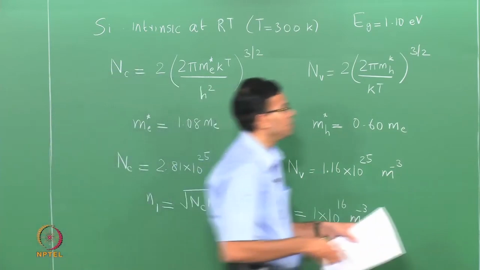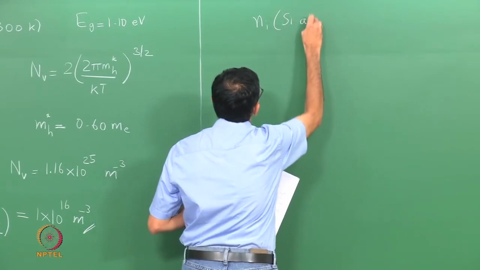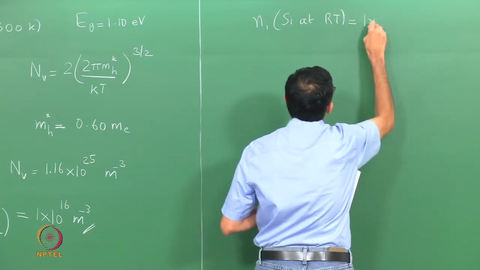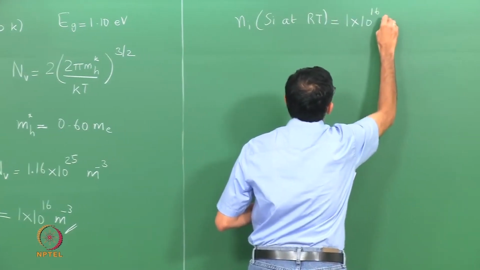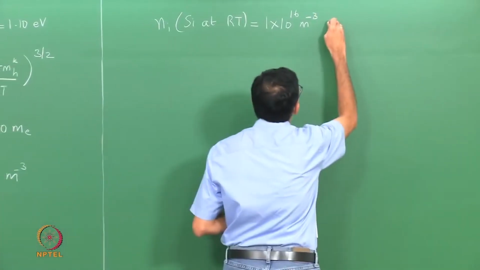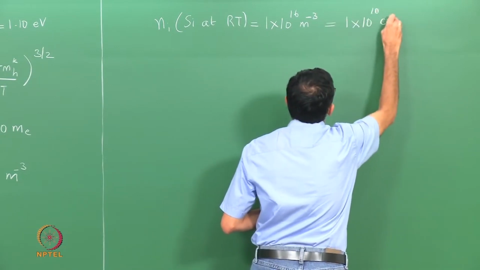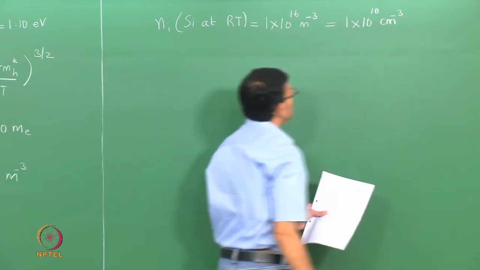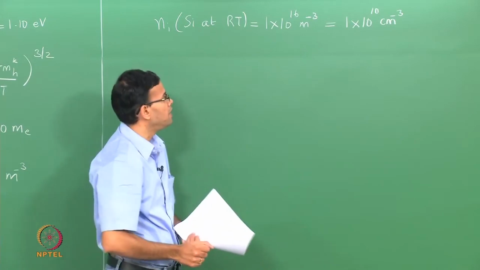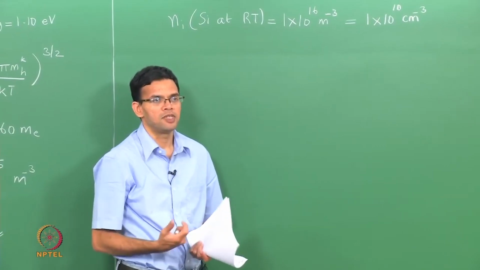Let me write this down here: Ni for silicon at room temperature. We can convert this to per centimeter cube, which is around 1 times 10 to the 10 per centimeter cube. So, we have 10 billion carriers, that is electrons and holes, in silicon at room temperature.